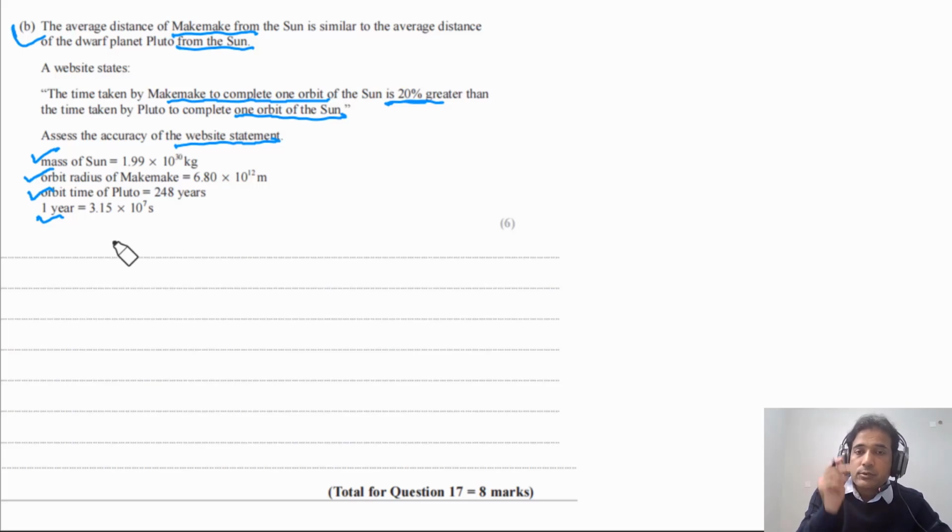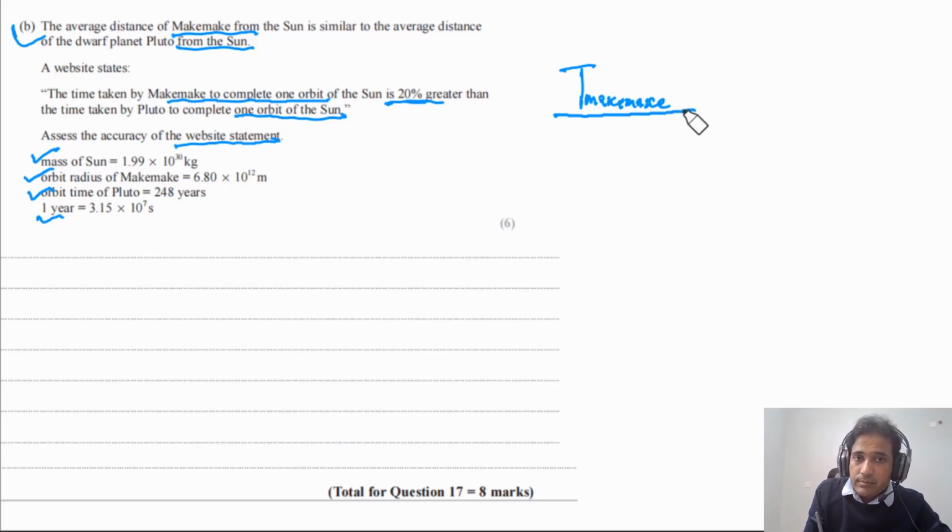In this case, first you need to understand what you need to calculate. We need to prove that the time taken by Makemake, so the time period of Makemake, is 20% greater than the time taken by Pluto.